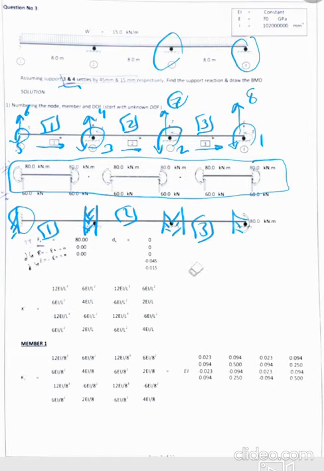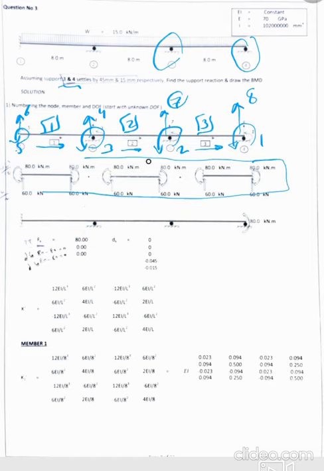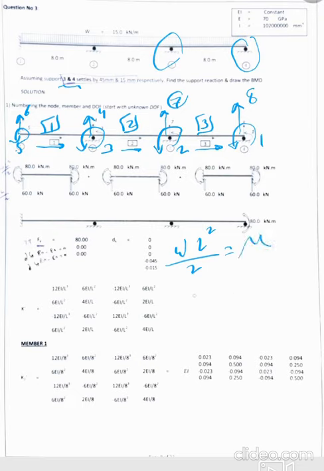Okay, then find the moment and the reactions depending on the fixed end moment. Here all of them are the same. The moment will be load times L squared over 2, and for the reaction it will be load times L, the length of the member, divided by 2.